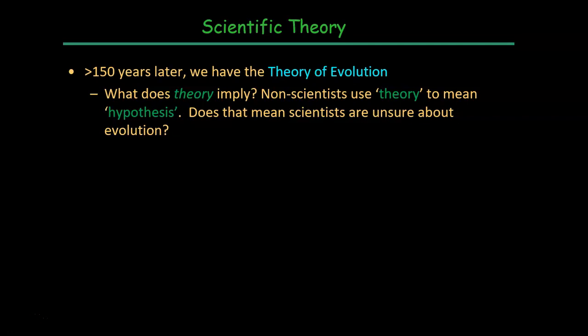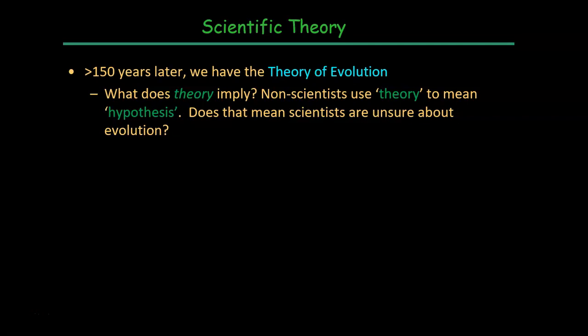But what does that word theory imply? To non-scientists, they hear hypothesis. So a lot of times you'll be watching TV and the detective will say something like, I've got a theory that the plumber did it with the candlestick on the patio or something like that, right? But what they actually mean is hypothesis.